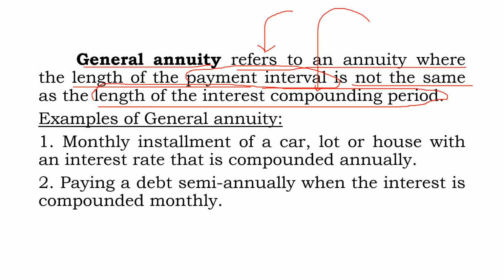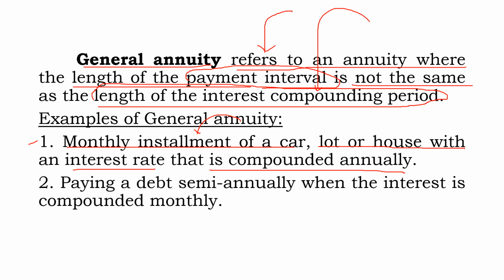A good example of these general annuities is, first, the monthly installment of a car, lot, or house with an interest rate that is compounded annually. The payment interval is every month, so for example, your payment interval here is 1 month.